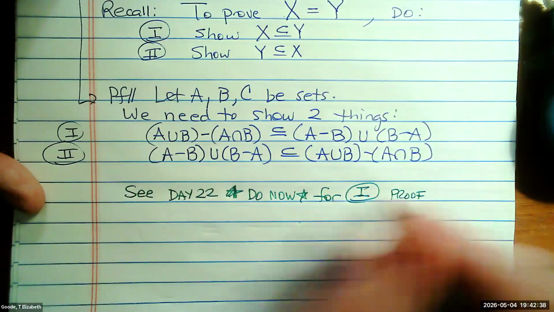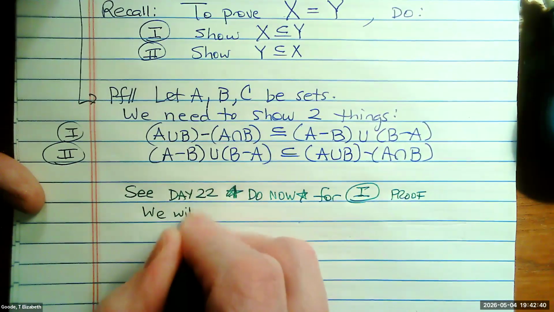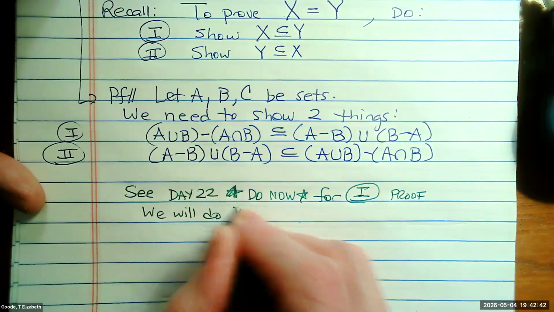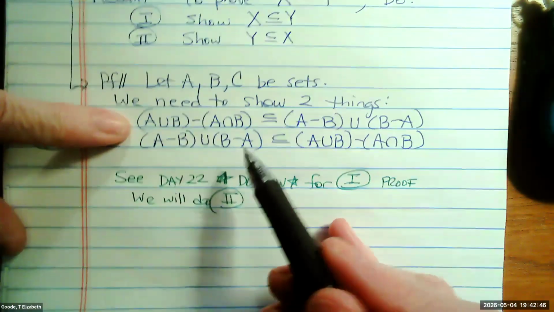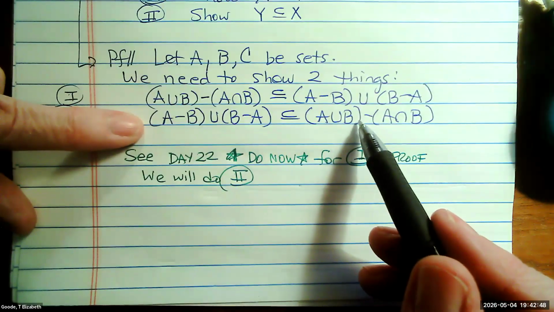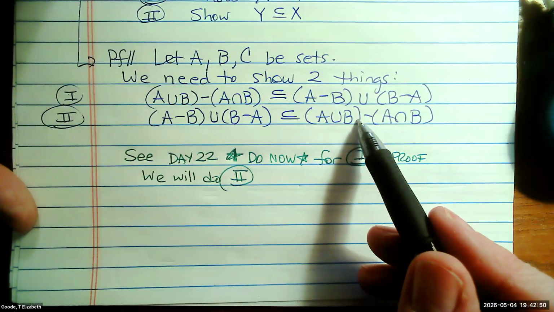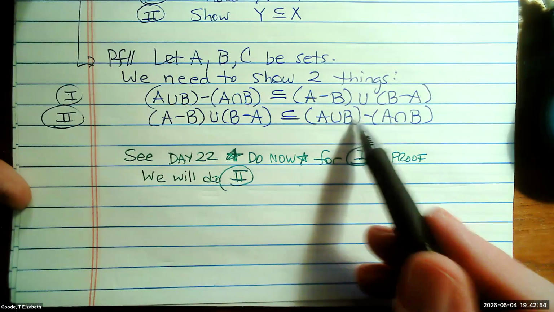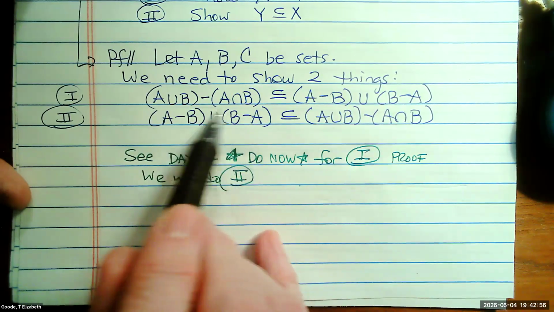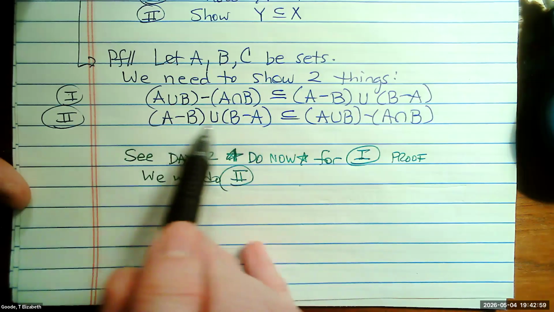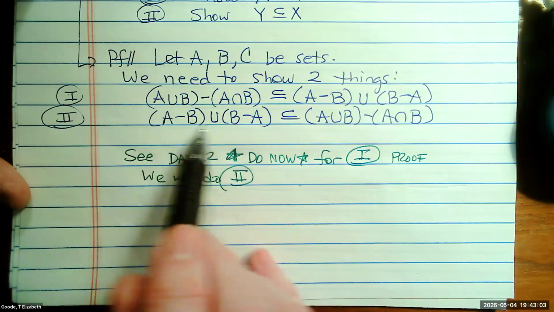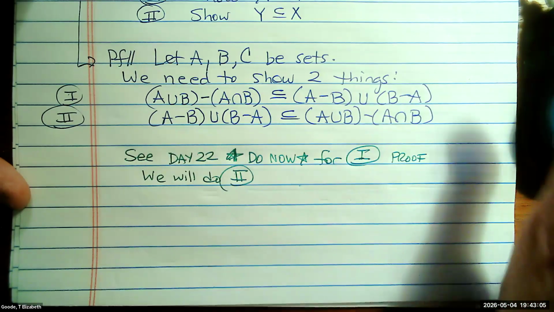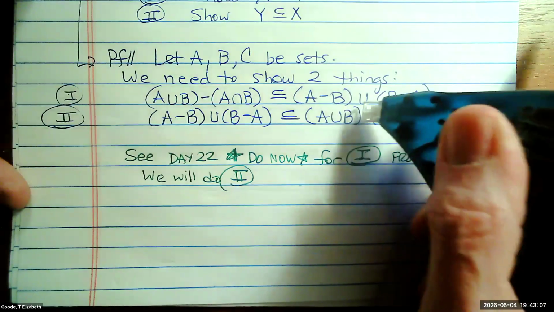We will do two. All right. So let's just remember what it looks like to prove subset inclusion. The general strategy is called an element chasing argument. We literally take an element from the smaller set, the one that we want to prove is the subset, and we chase it into the bigger set, called the superset.